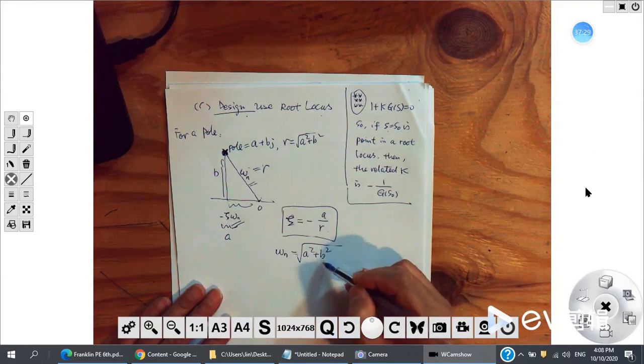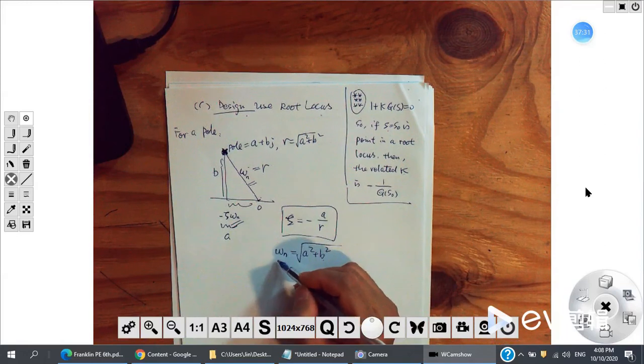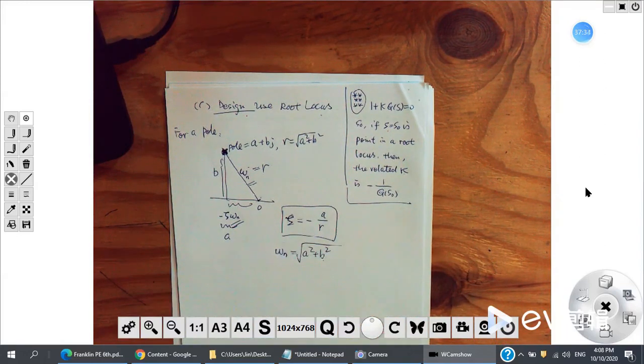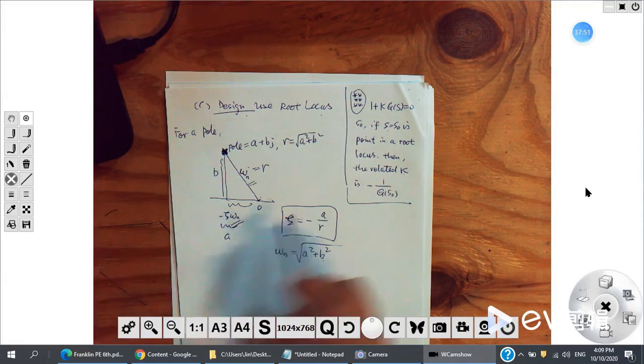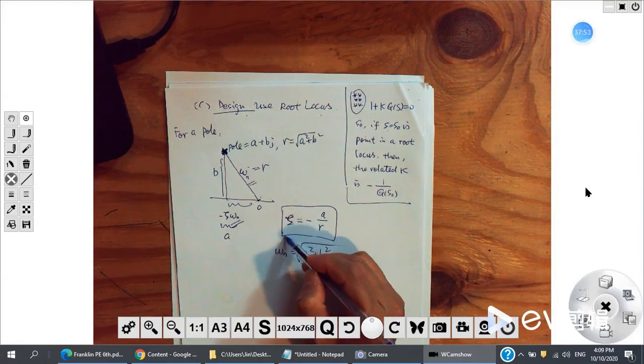And then for the design, when you want to design a system, you should have some requirements, like the settling time, rise time, the maximum overshoot. All those requirements, finally, you can rewrite in terms of omega n and zeta.